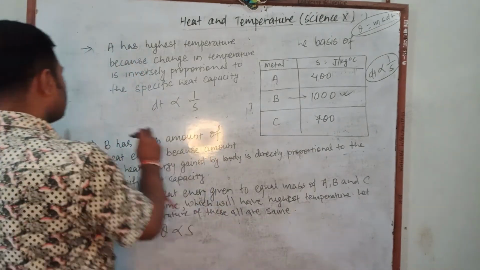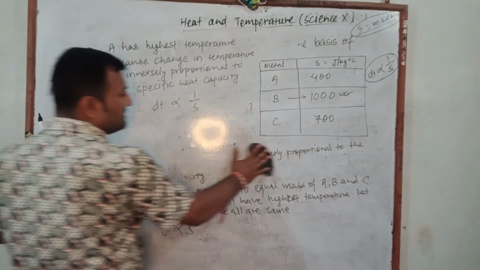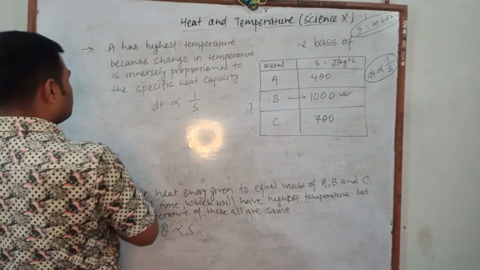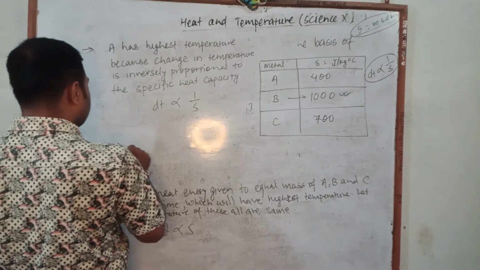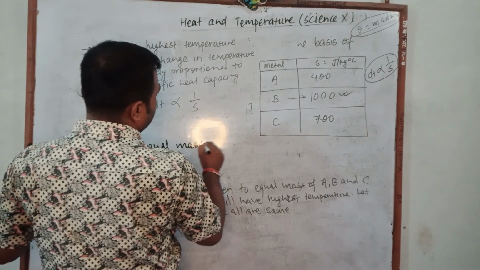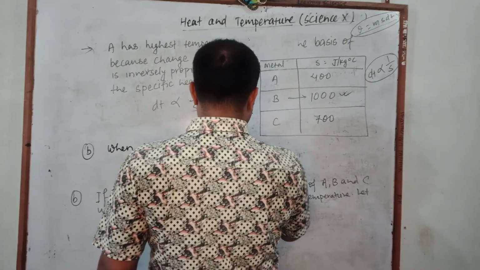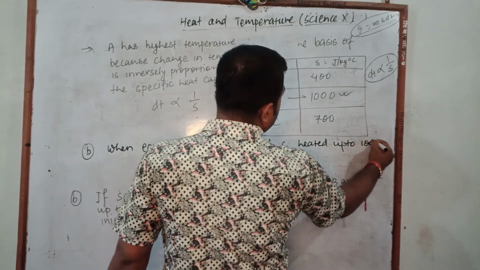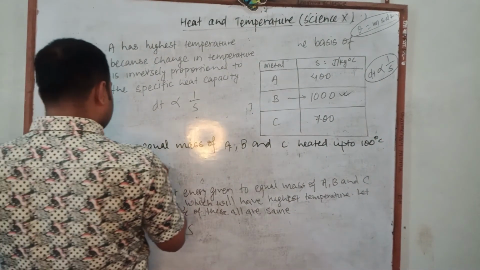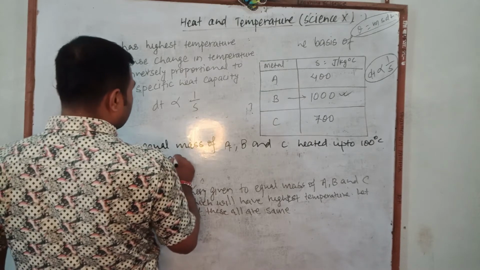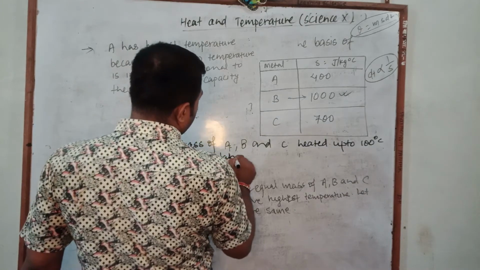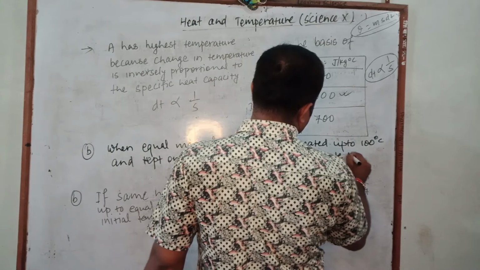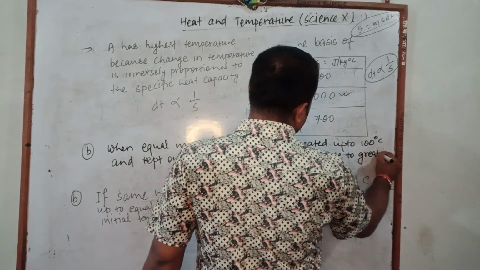And the third type of possible question from this table is when these all three masses are heated up to, third possible question is here, when equal mass of A, B and C heated up to 100 degrees Celsius and kept on wax slab, which will penetrate to greatest depth.